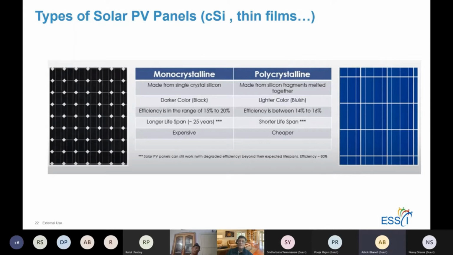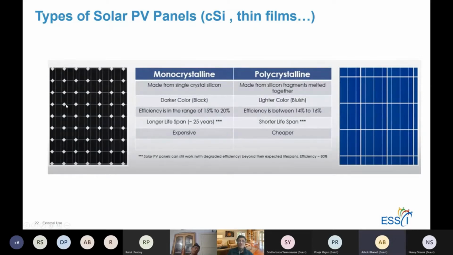Also, one of the simplest ways to recognize a mono versus a poly architecture is, if you take a look at a mono panel, you will see these round black spots. Can you see these corners?